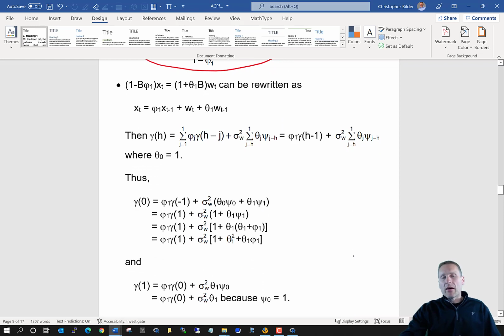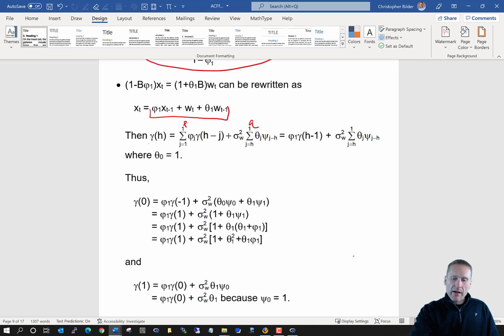Now, using this alternative way to approach how to find this autocovariance, what we can do again is rewrite our model. So we have x of t just on the left side, and then we have everything else on the right side. Based upon what we saw previously for this representation, we would have p here, we would have q there.